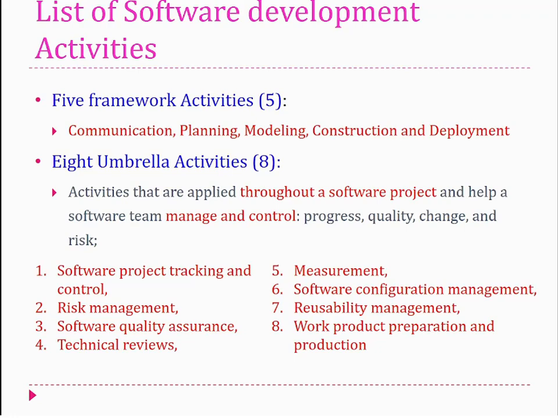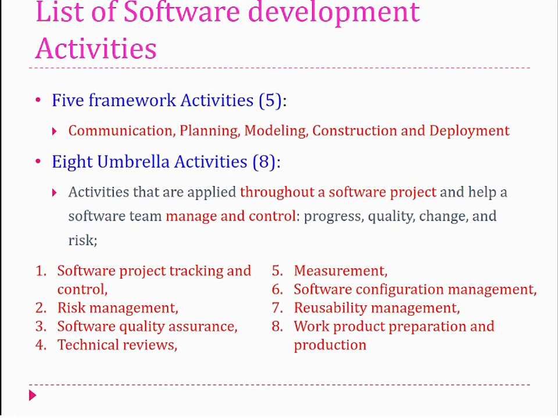Next comes modeling, where software design and system architecture are prepared. The fourth activity is construction, which includes coding and testing. Finally, deployment delivers the software to users, collects feedback, and supports feature improvements.